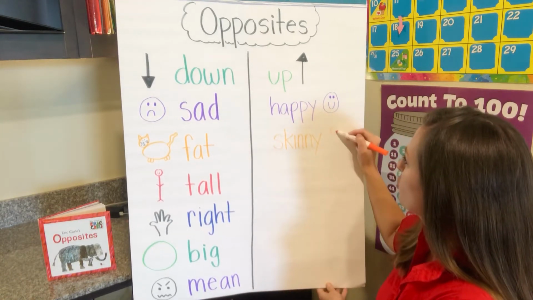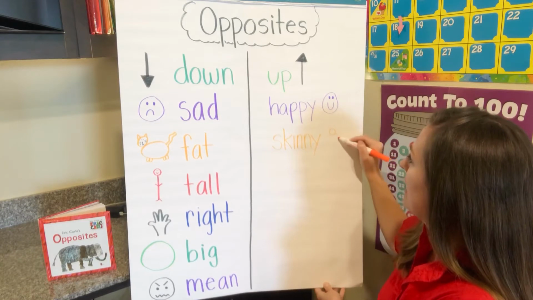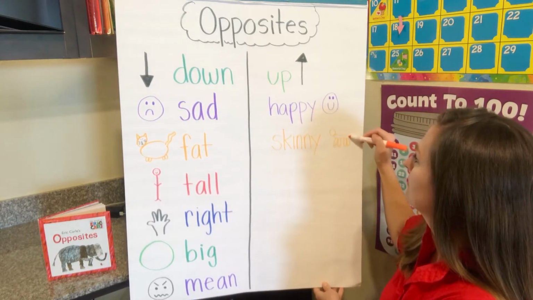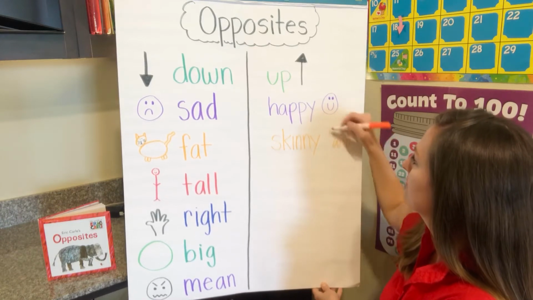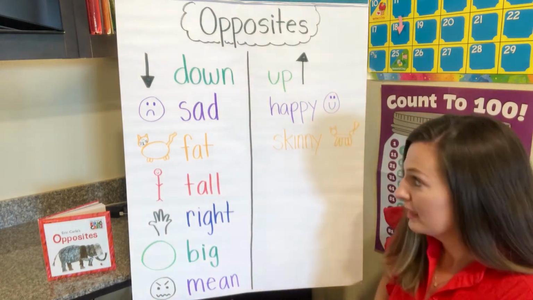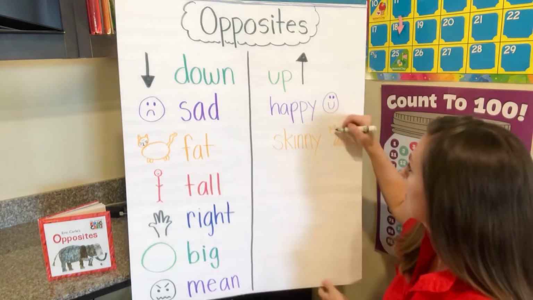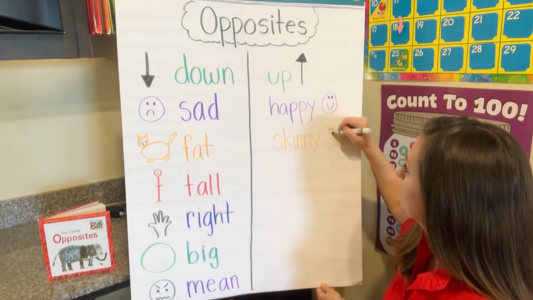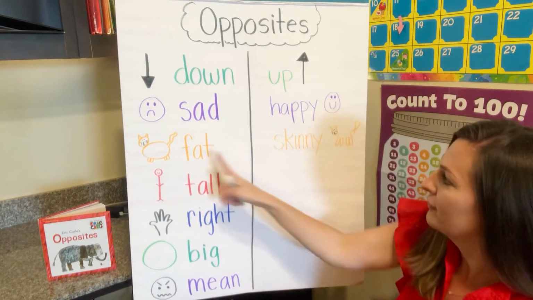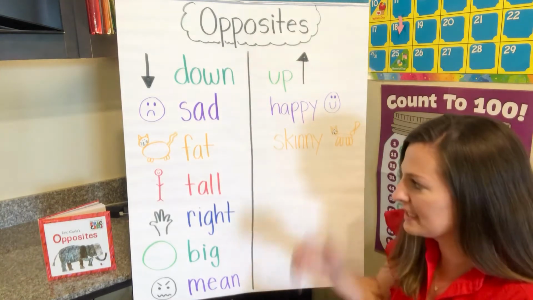So now I'm going to draw a very skinny cat. So fat and skinny, those are opposites.